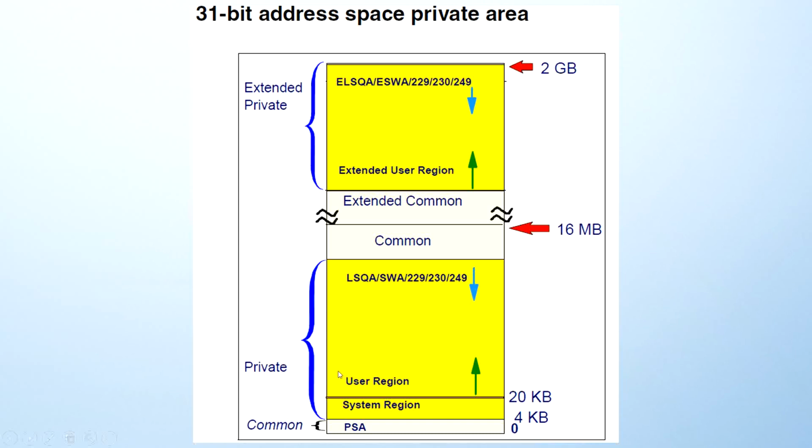This is the real area where we load our user programs and data, execute and get the results. That area is highlighted in yellow color. You have a private area below the line and an extended private area above the line.